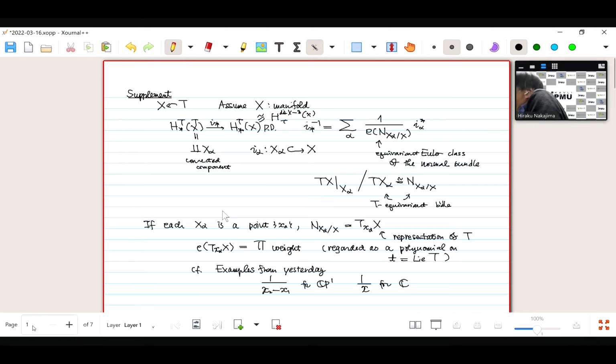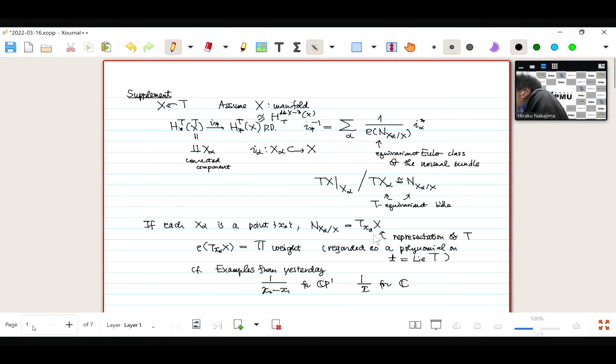So suppose furthermore that each fixed point component X alpha is a single point. Then, because X alpha is a single point, the normal bundle is just a vector space. So the tangent space to the component is just a trivial bundle, and the tangent space at X alpha is nothing but the normal.